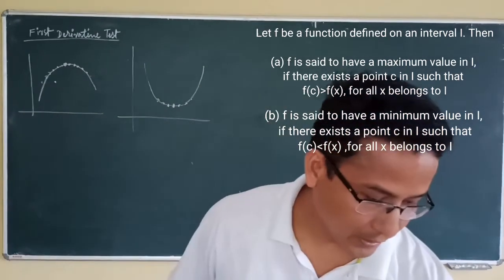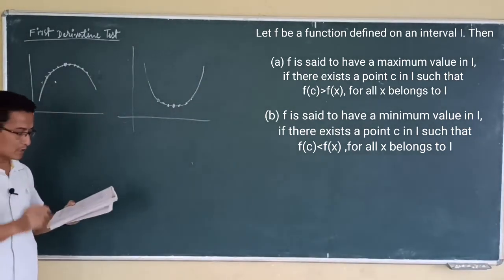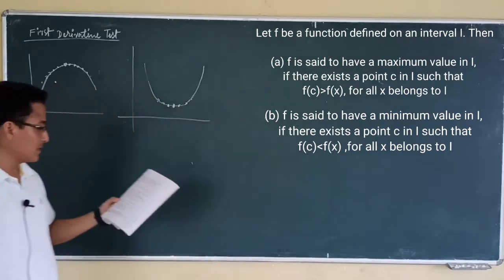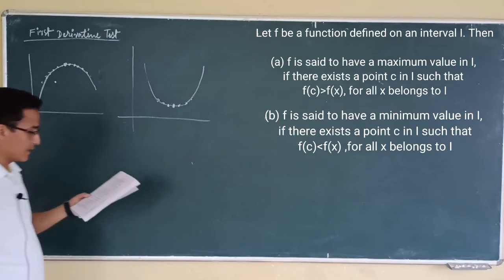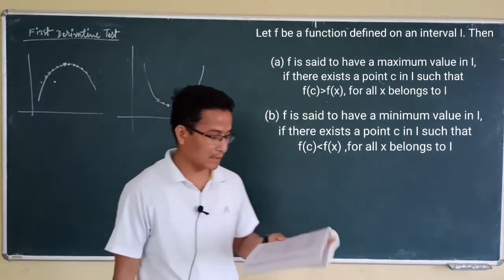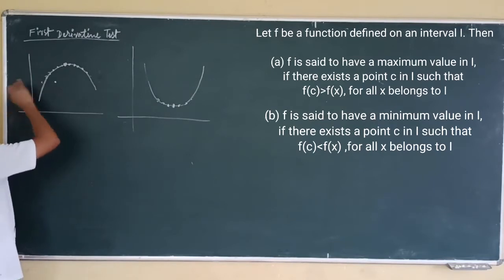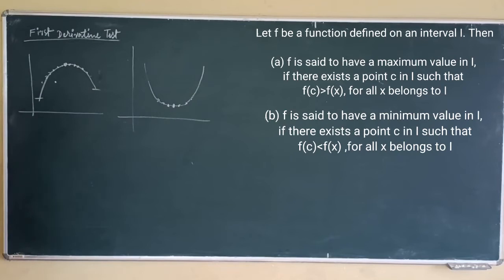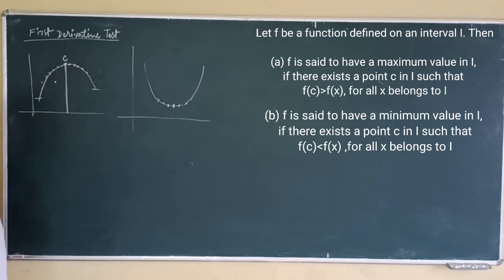According to the definition, if f is a function defined on an interval I, then f is said to have a maximum value in I if there exists a point c in I such that f of c is greater than f of x for all x belonging to I. Suppose this is some interval. In that we get the highest point c.